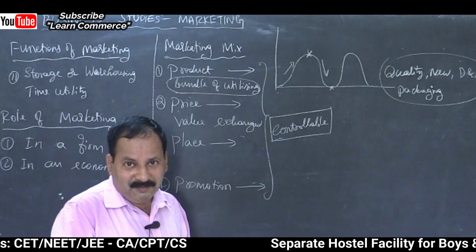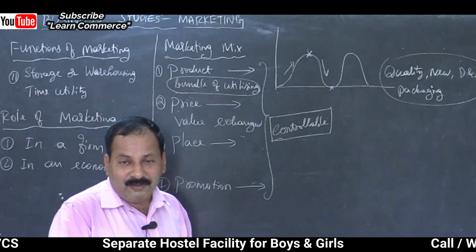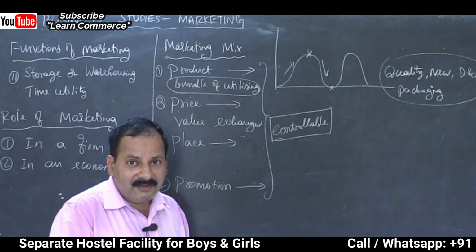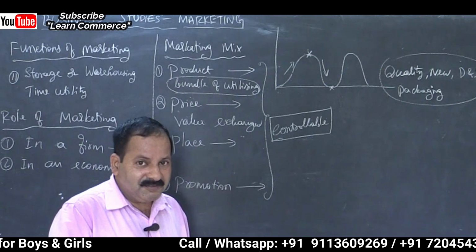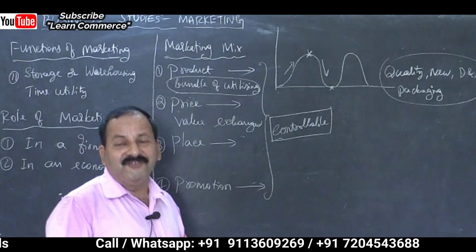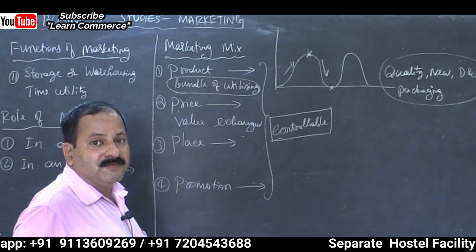Maybe, who knows, people may buy, use it for 1 day, wear it for one function, and they may return. The option is there. Within a week you can also return it, isn't it? So all these chances are there. People will take undue advantage because of this.